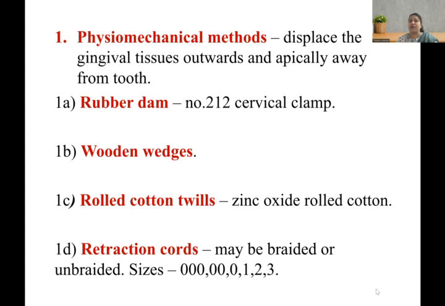We have several wooden wedges to displace the gingival tissue. Rolled cotton quills are there, and retraction cord, which may be braided or unbraided, ranging from size 0 to size 3. So these are the physiomechanical methods.